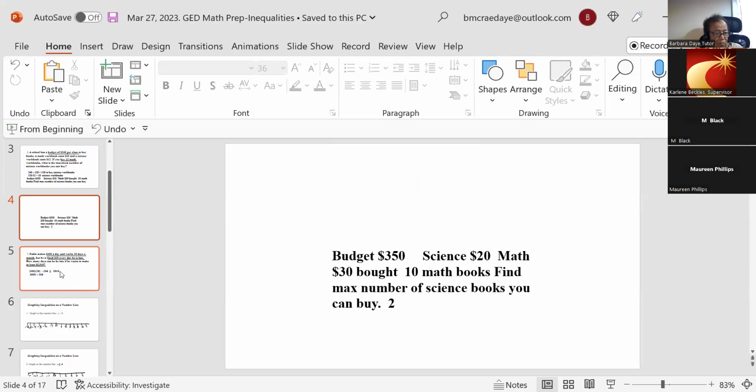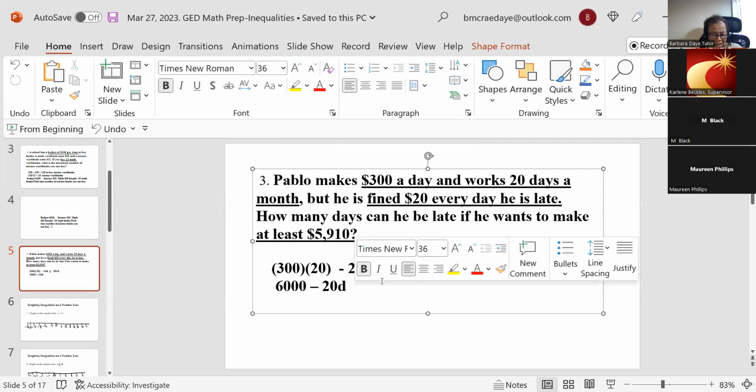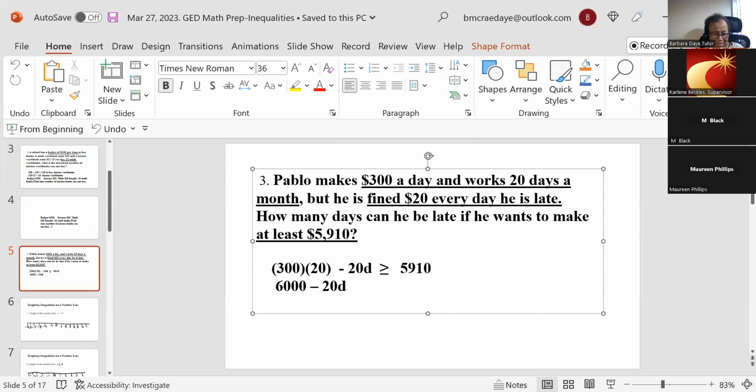By subtracting 20. Maureen, that's a 20D. That's a 20, the variable. What would you do at this point, Mercedes? Divide.